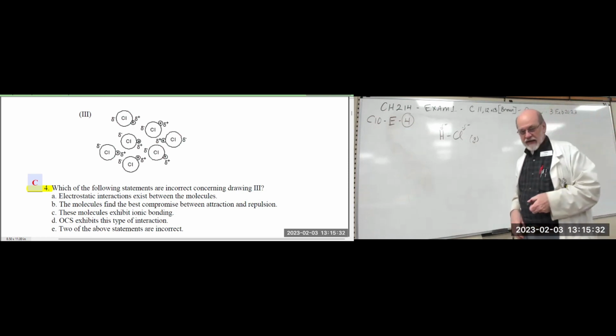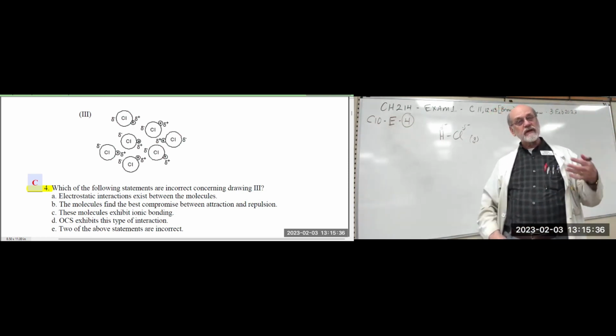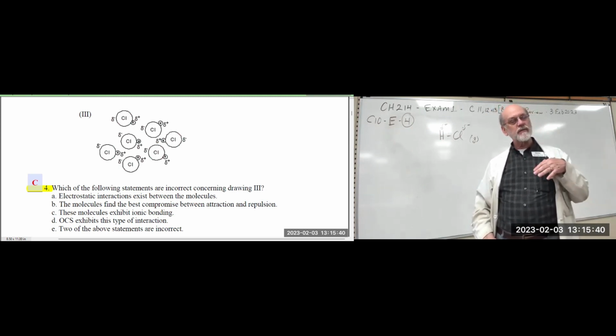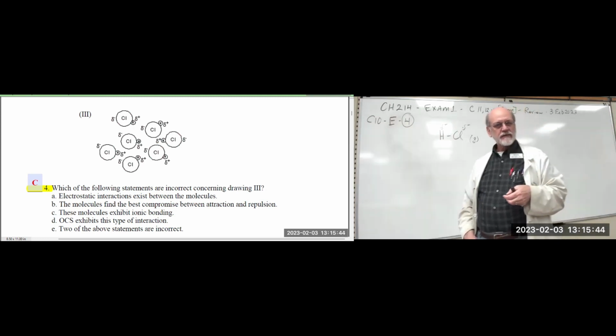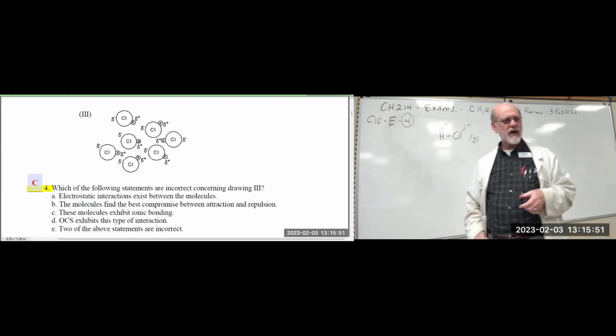That's another way of saying that they're searching for the lowest energy state. And that is also true. There is some repulsion between the negatives on one and the negatives of the other, or positives and positives. So they orient themselves so that their negatives and positives are as close together as possible.